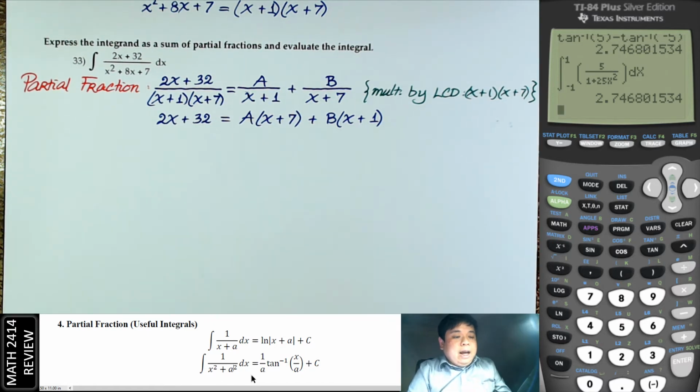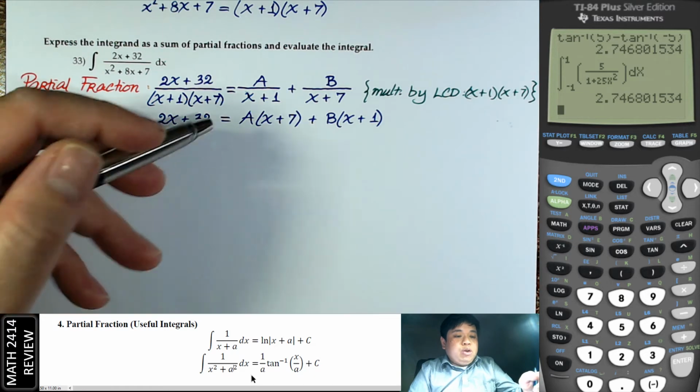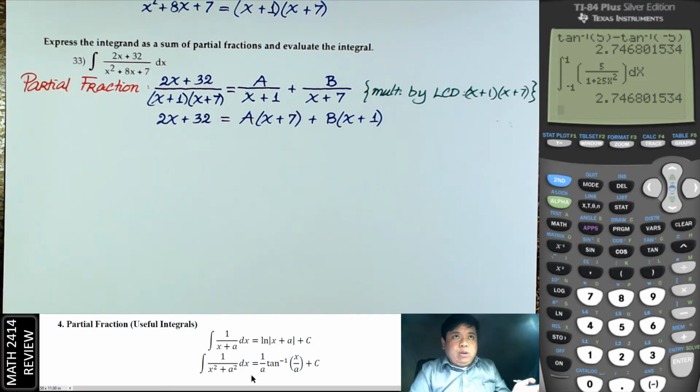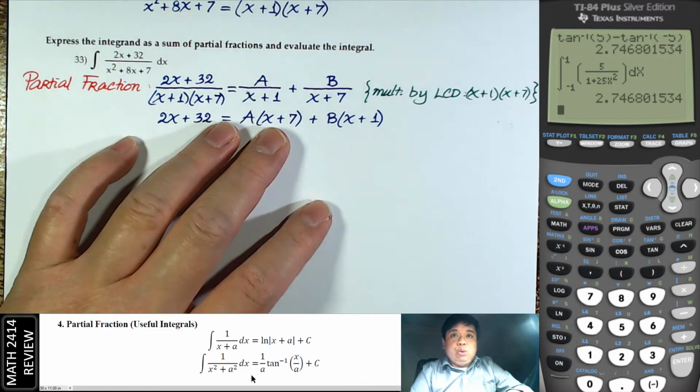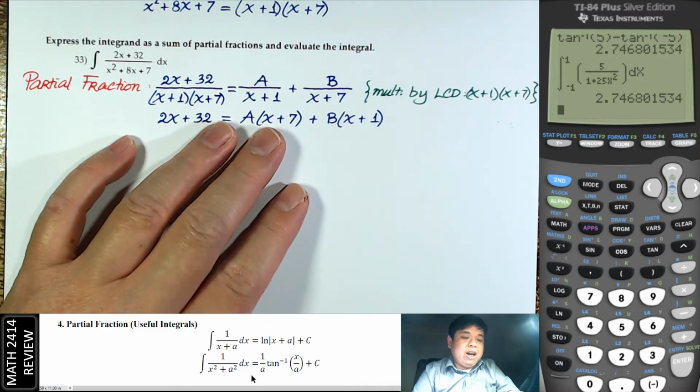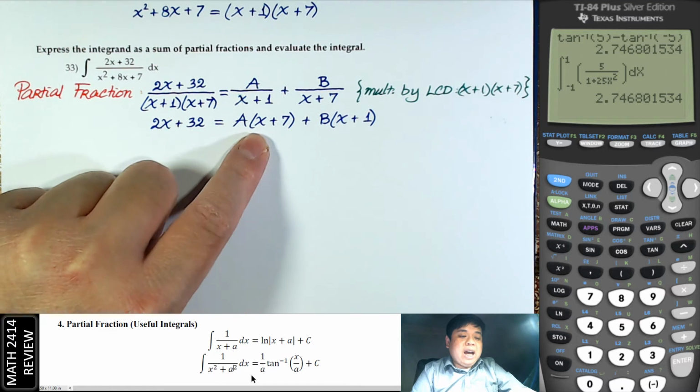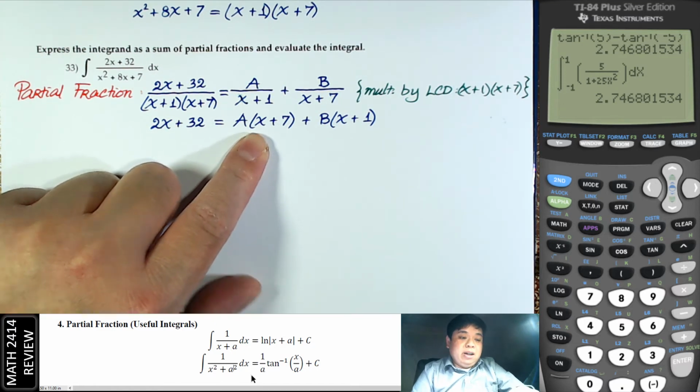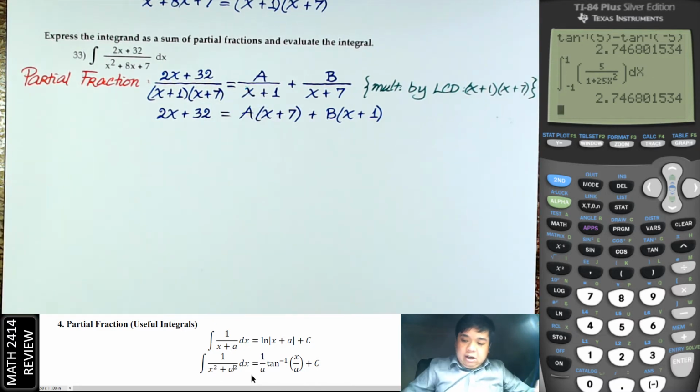Right, now the rest is we solve for a and b. There are a lot of different ways to do that. Multiply them out, combine like terms. But the more direct way is we choose some values so that terms vanish. If we cleverly choose x to be negative 7, that term will disappear, right?